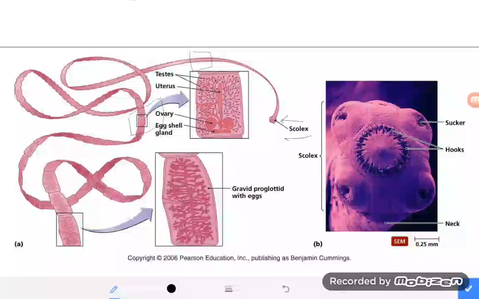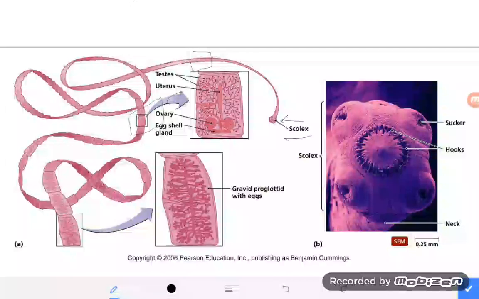So here, inside the magnified view, you can see the testis and uterus and ovary, and here you can see the accessory gland. So here you can see both male and female reproductive organs, right?